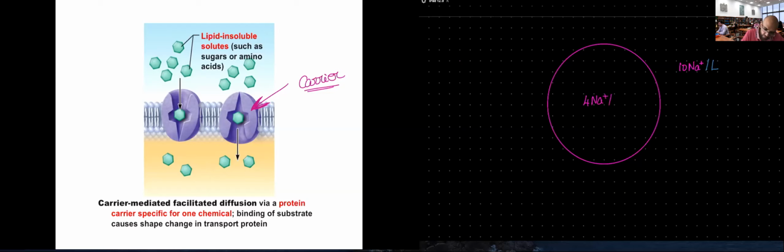So which side has a higher concentration of sodium? Outside or inside? Outside, all right? So if I'm telling you that this cell doesn't have channels for sodium, but I want to equalize the concentration of the sodium on both sides of the membrane, what would I need to do?